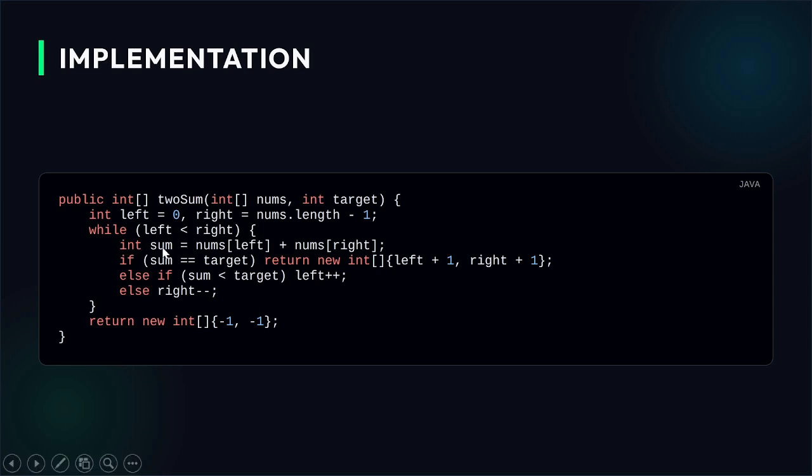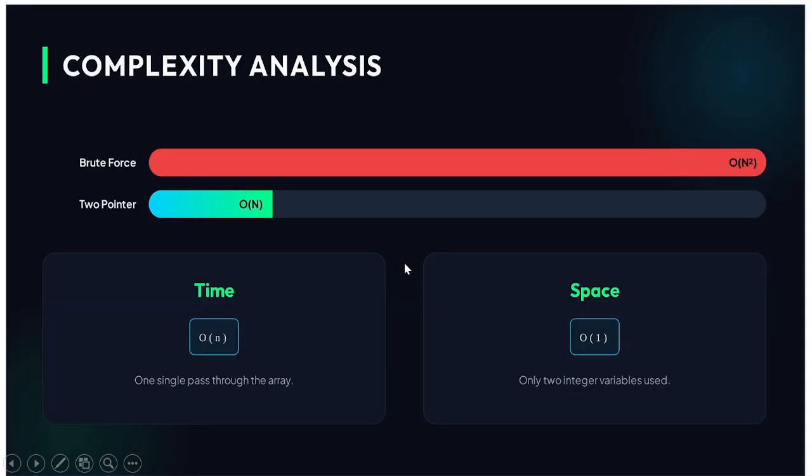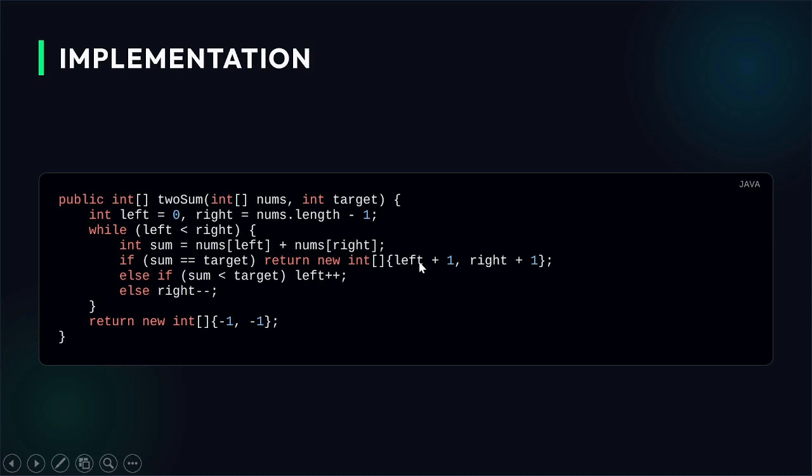So here the sum we are calculating by the pointer values with the given array. We are checking if the sum equals the target, then we return left pointer plus 1, because in the question the 1 indexing is given, that's why we are adding 1.